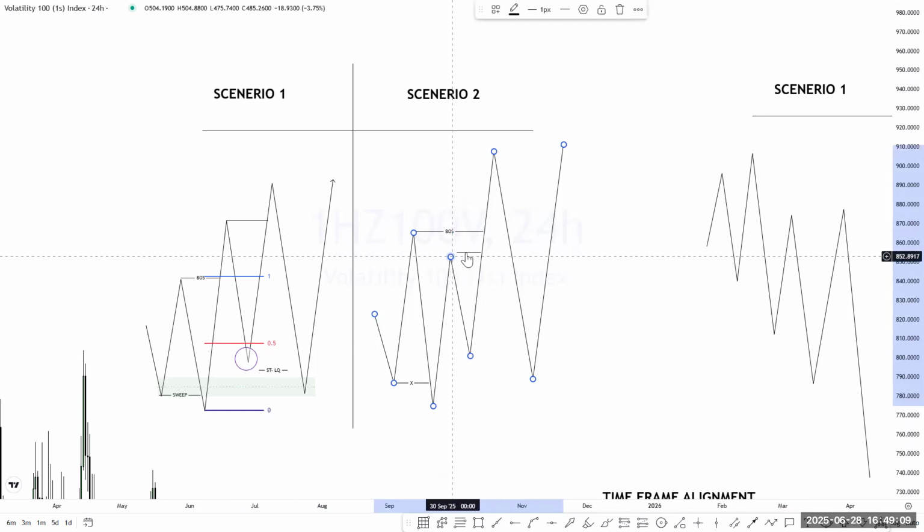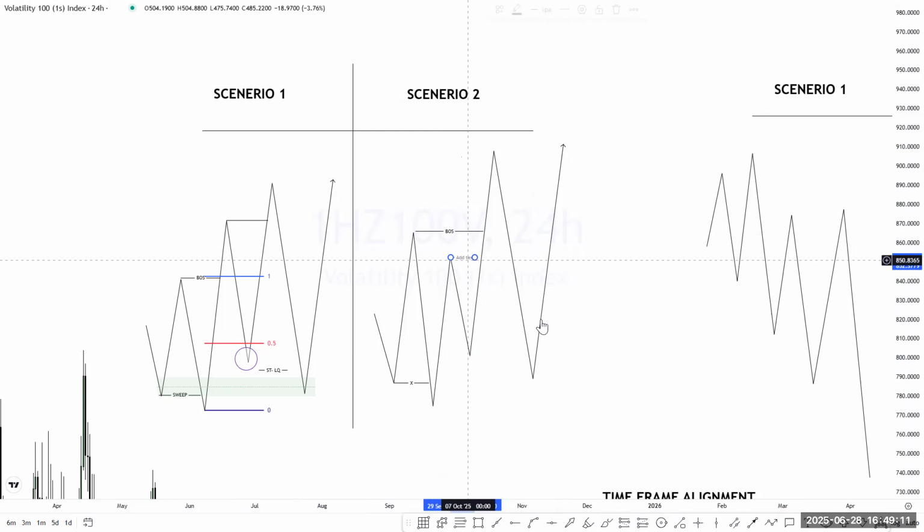Sometimes price will engineer liquidity here, which is external range liquidity, before pushing up. So in scenario one, after you identify your break of structure, price breaks structure directly. In the second scenario, price will first create an inducement liquidity before breaking structure. So this is the second scenario.